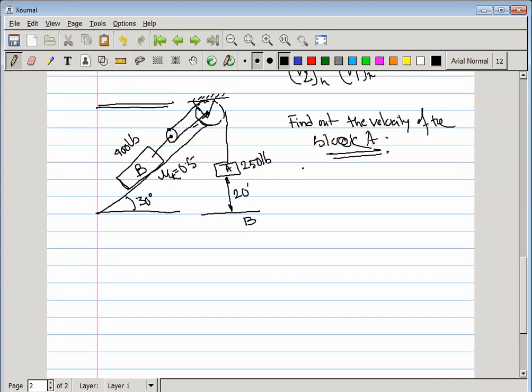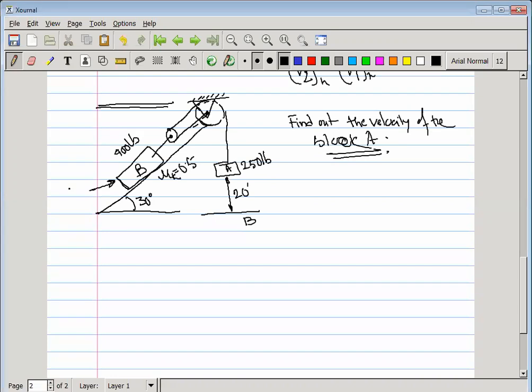If this type of problem comes, what is the procedure to solve it? That is what we have to understand. From this figure we can say that the motion of the log and the block are clearly dependent.